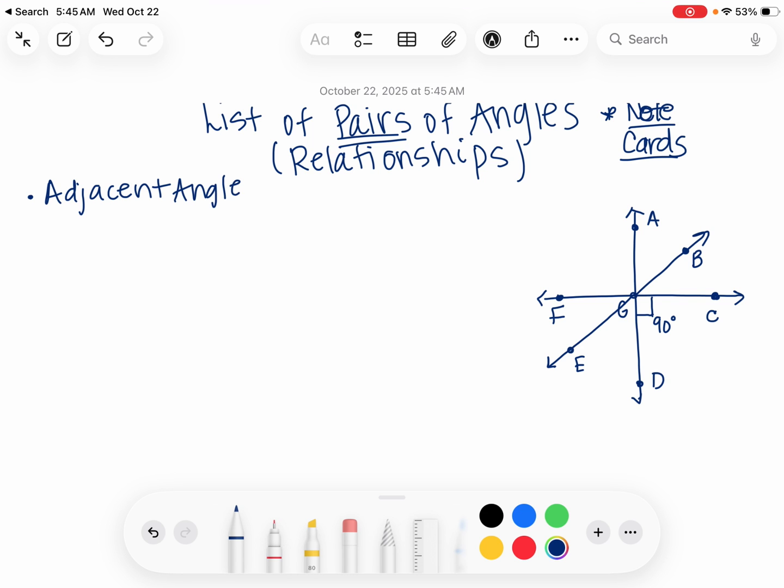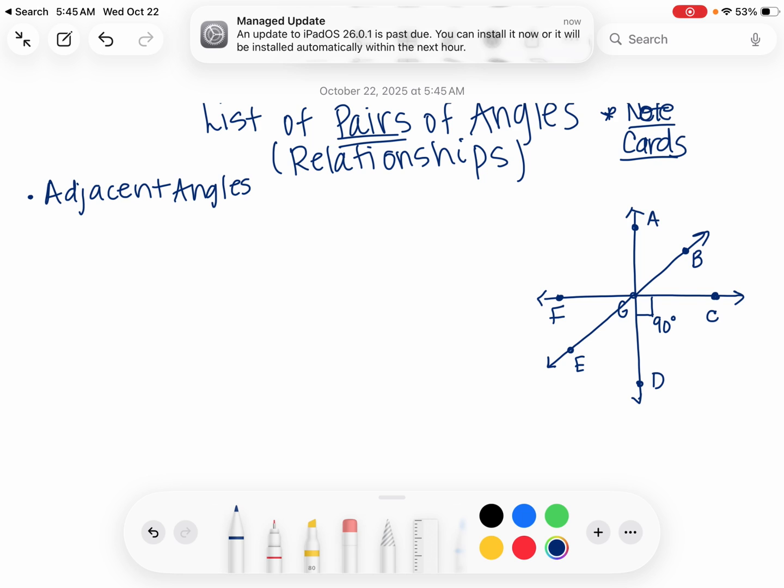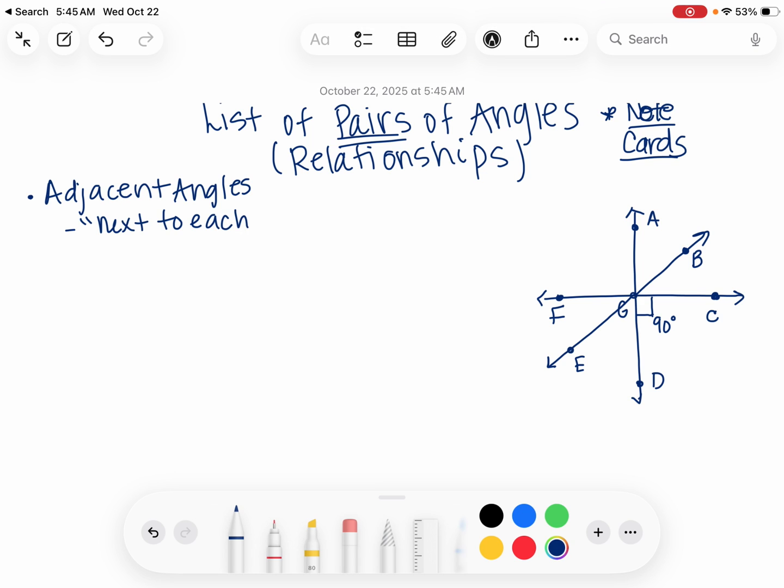Adjacent angles are angles that are next to each other. And a tip for these is that they share a ray. Remember, the ray is a little dot with a line on the other side and the arrow.